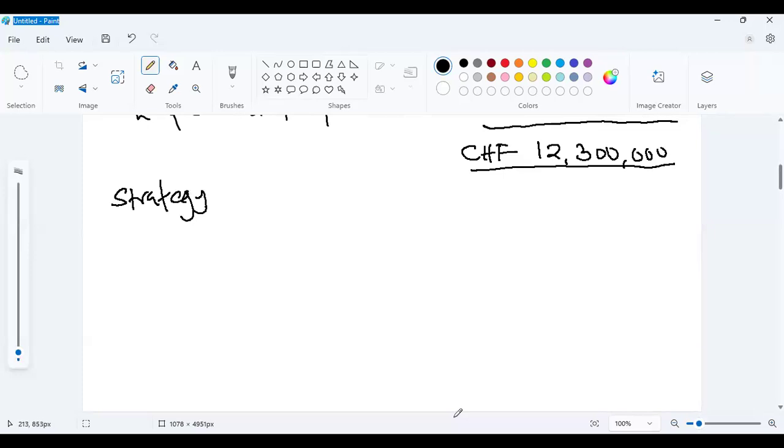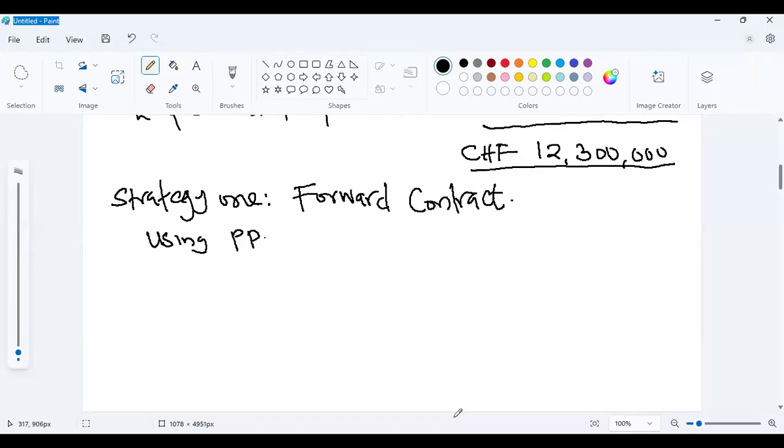Strategy 1: Forward contracts. We now come here using purchasing power parity theory.